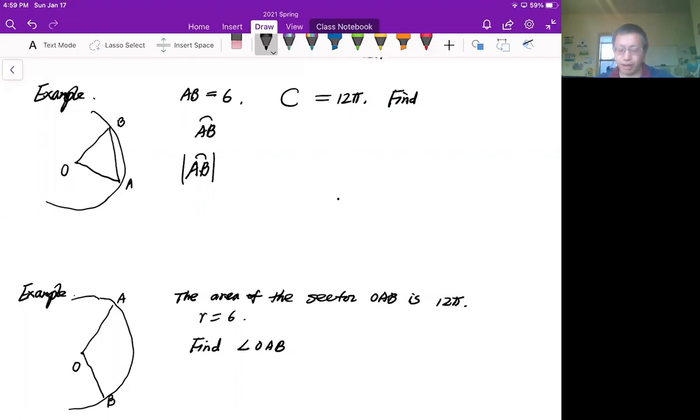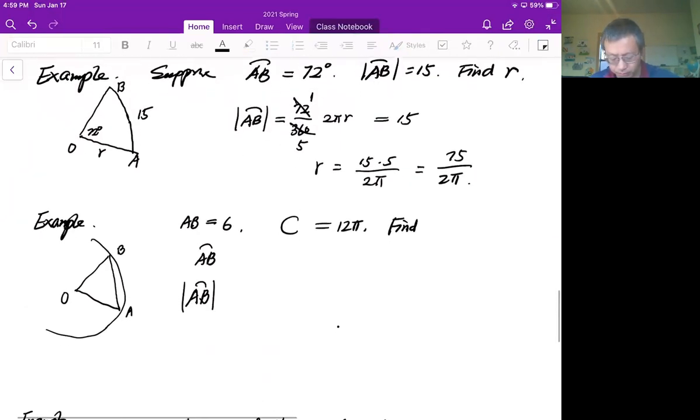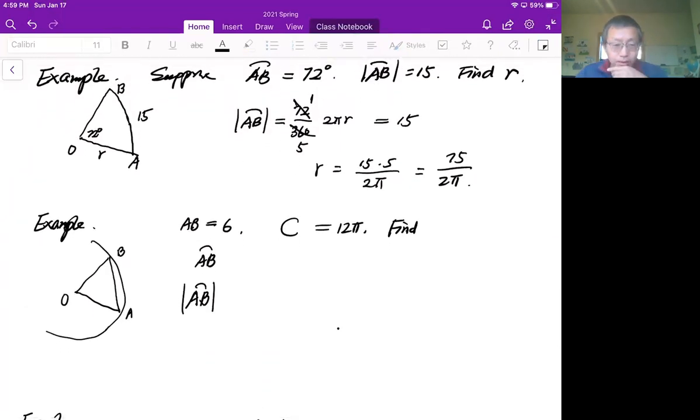Okay, so let's go back to the question. If I'm looking for the arc length and the measure of the arc, basically I need to figure out the central angle here.